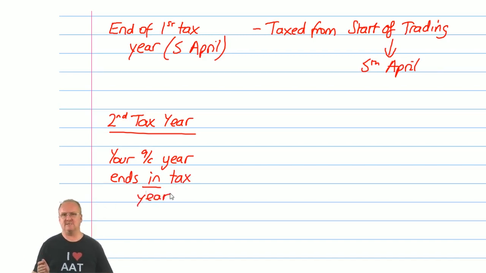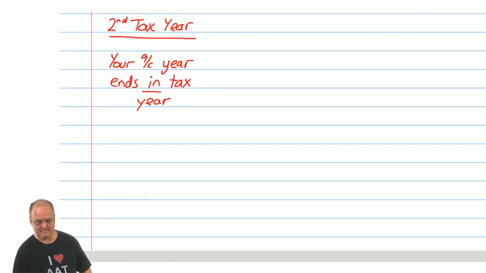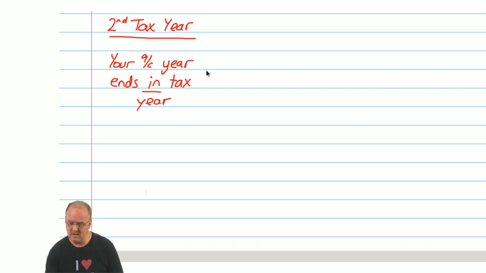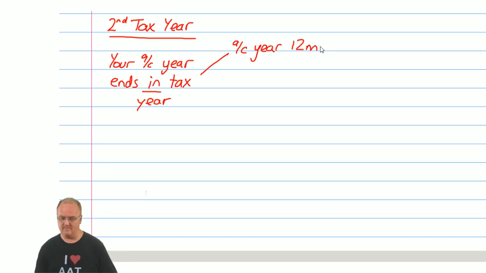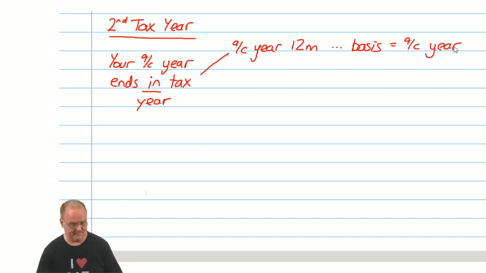If you have an accounting year that ends in the tax year, if the accounting year is 12 months long, then the basis period, in other words, what you'll be taxed on, will simply be the accounting year.